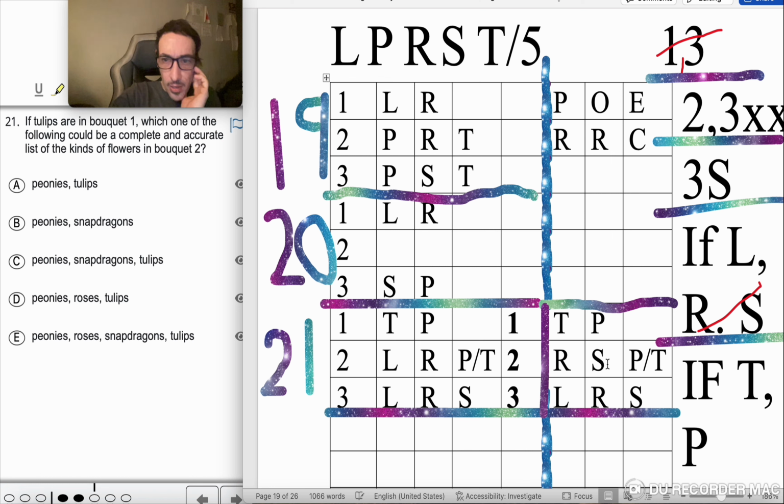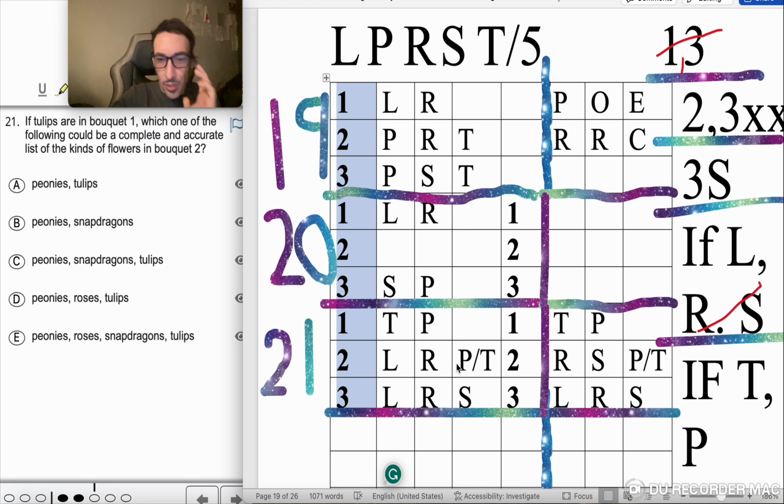So basically, here I created what you would consider 2 worlds. And in these 2 worlds, the letter T is in the first one. And they're asking for which kind of flowers is going to be what you consider the number 2 position.